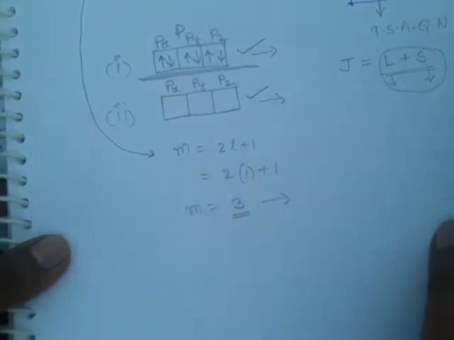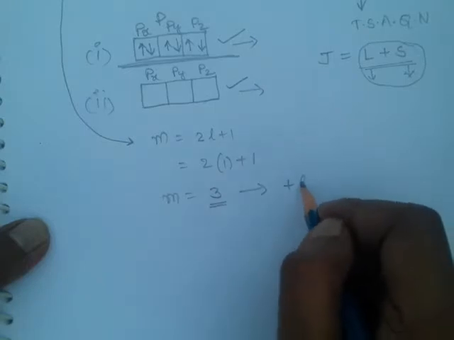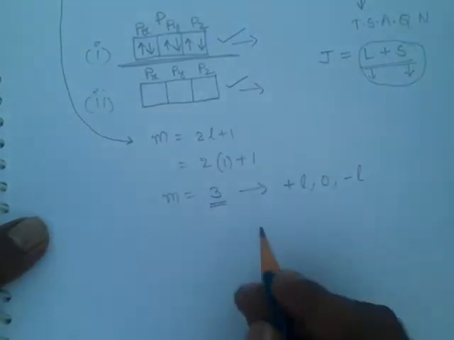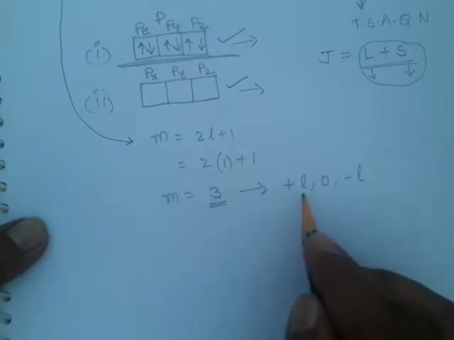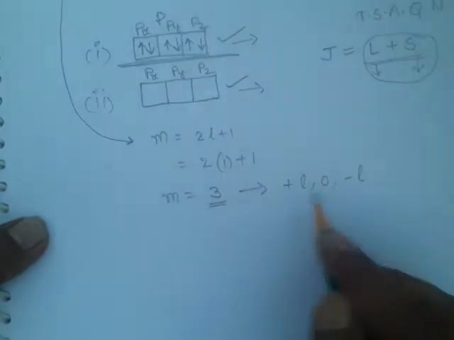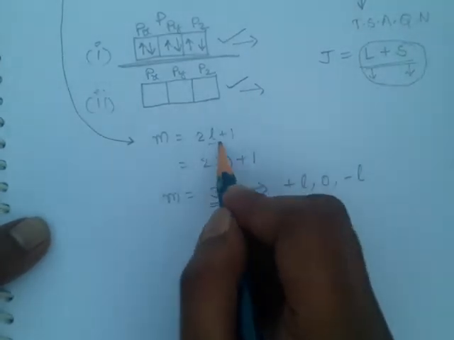So what are the values? Plus L, 0, minus L. These are the 3 magnetic quantum values for p orbitals. Plus L means L value how much?